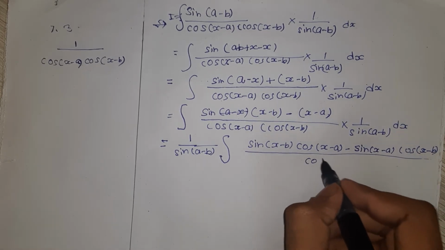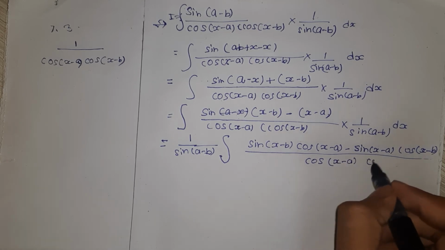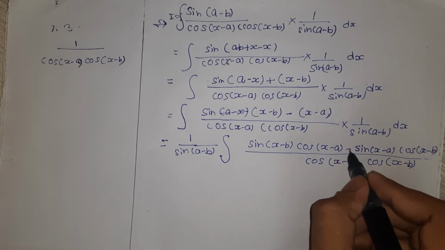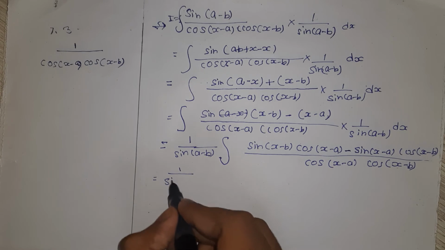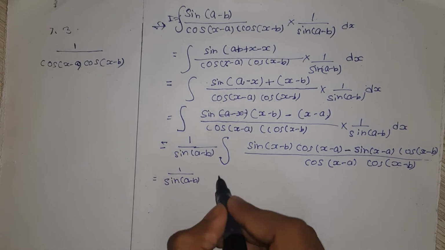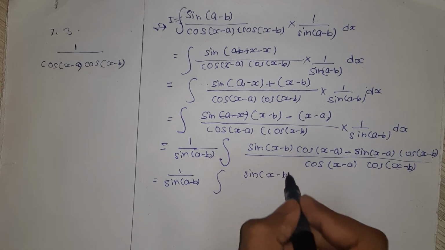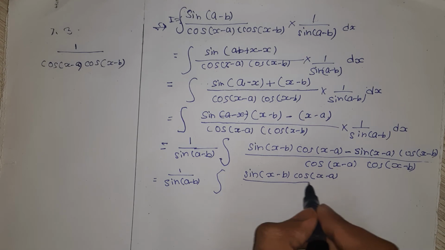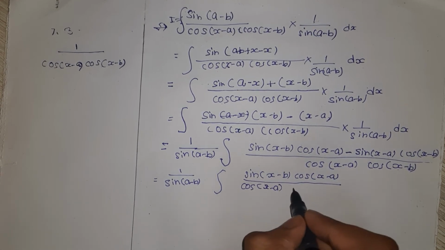Now the denominator terms will be as it is only. Now I'm going to separate the denominator. Likewise I can separate our denominators. It's quite lengthy and tricky one also. Focus here.